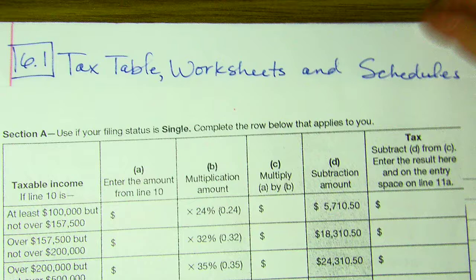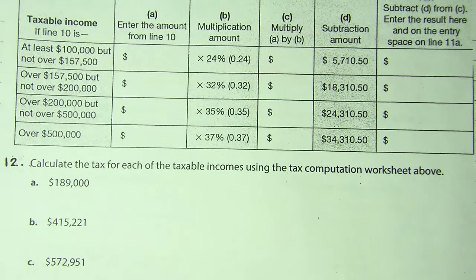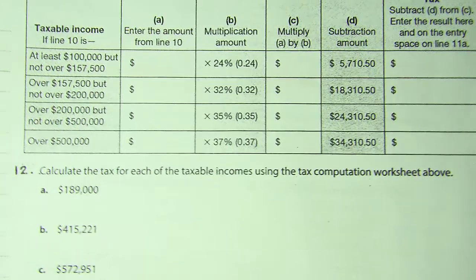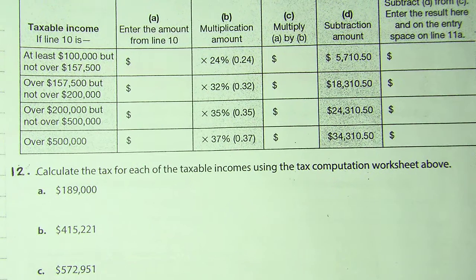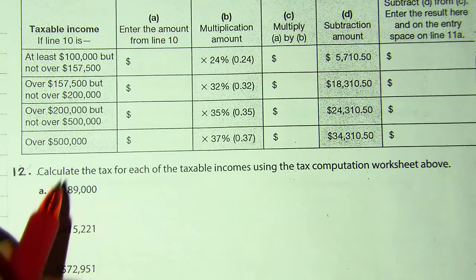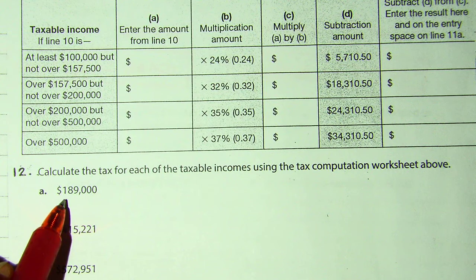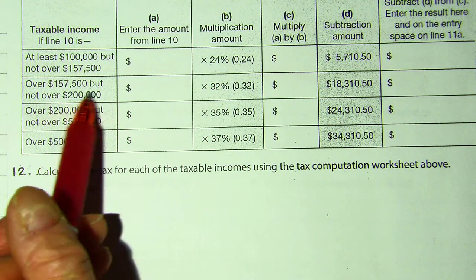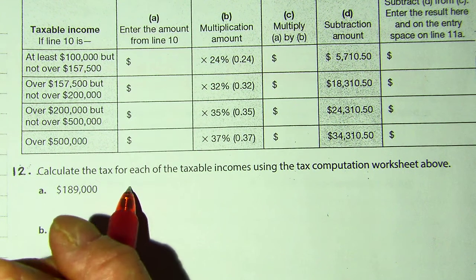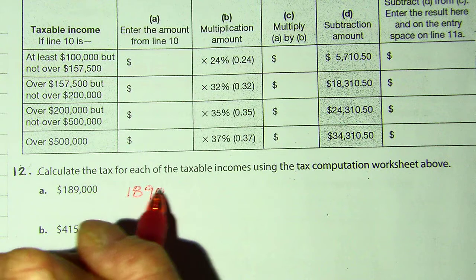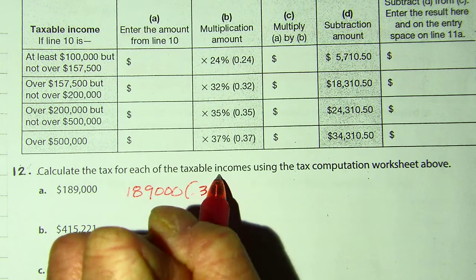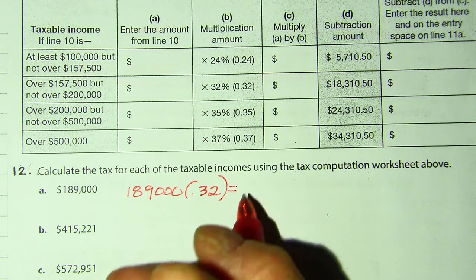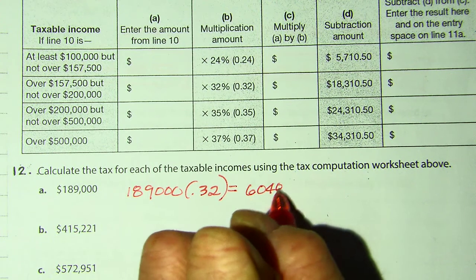Last one, we're going to use this chart. It's very similar to the one above. To compute tax, if I make $189,000, that's in between this range, and it says to multiply it by 0.32, and I get $60,480.